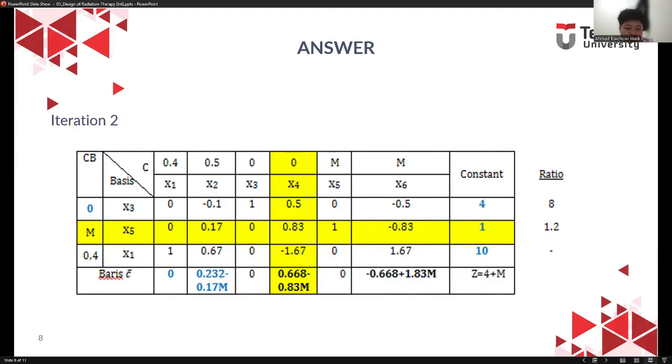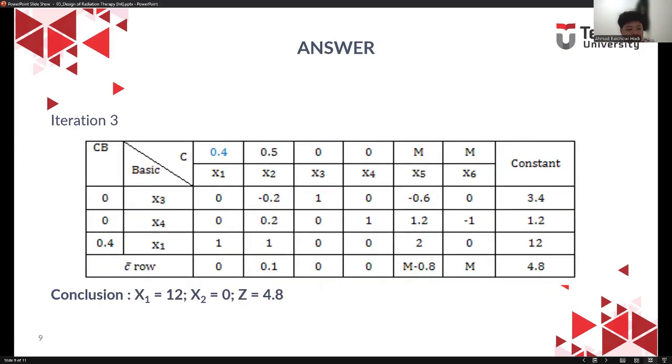Beam 1 does increase, while beam 2 tends toward zero, meaning beam 1 contributes more effectively to reaching the required dose constraint. In iteration 3, the solution establishes that no more negative Zj minus Cj values appear.